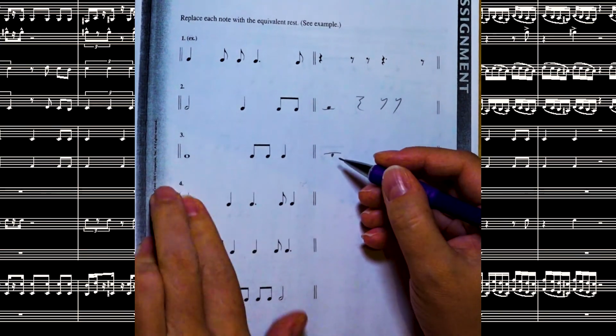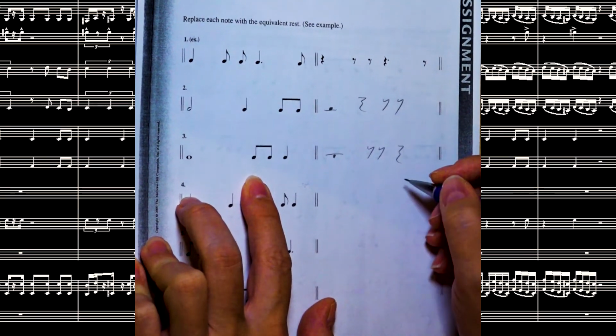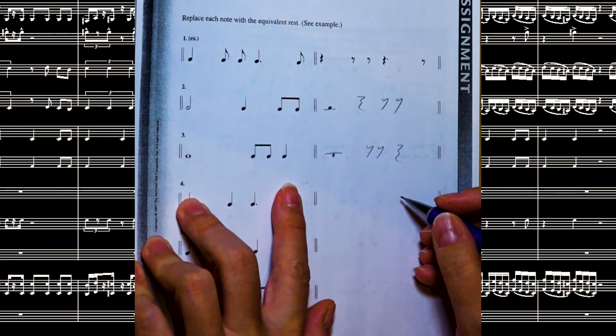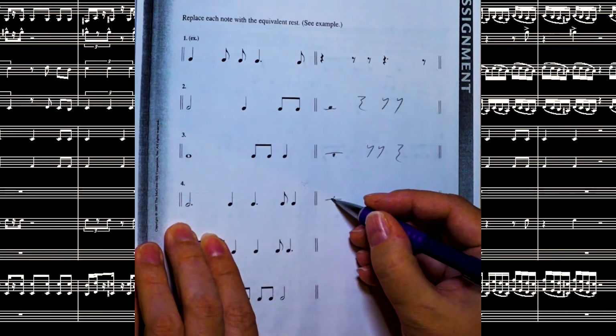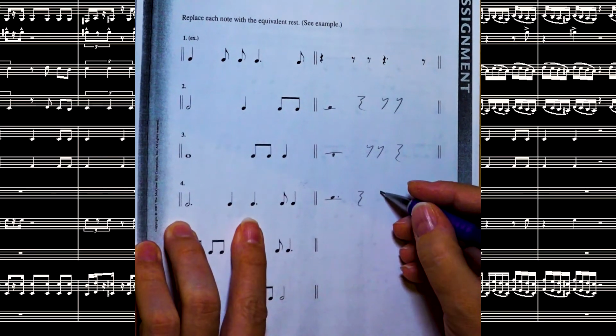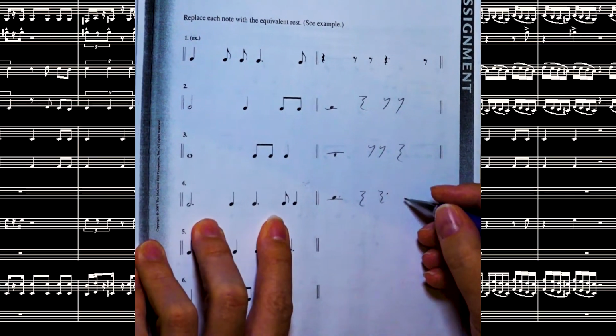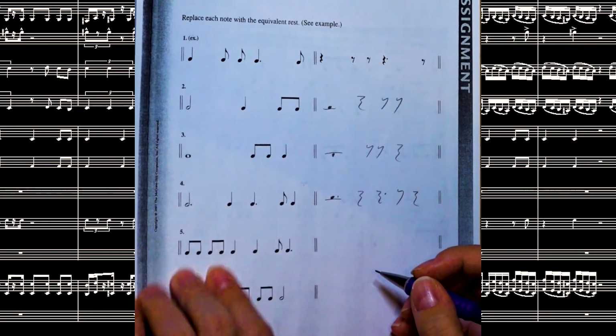Whole rest, eighth rest, eighth rest, quarter rest. Half rest with a dot, quarter rest, dot, eighth, and quarter rest.